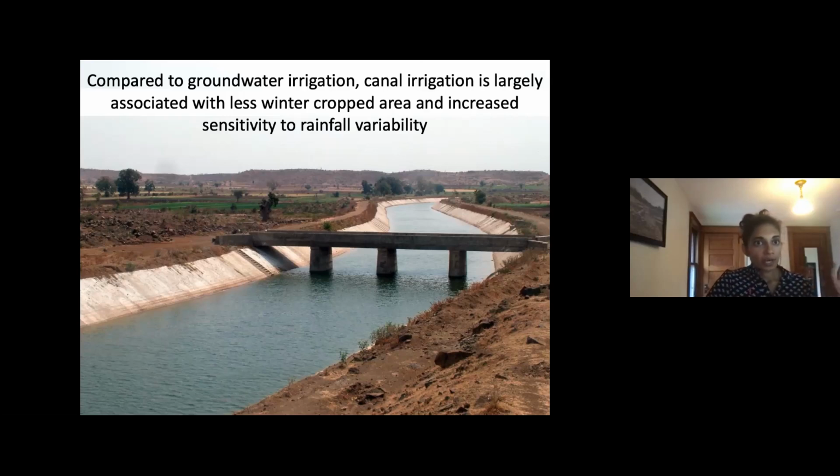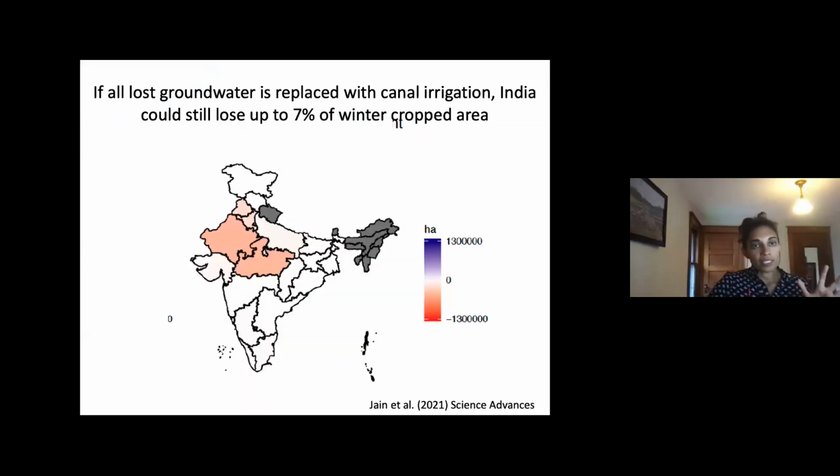So we ran regression analyses. That's how we got these results. I'm not going into the details right now, but we basically took those estimates and then applied them to that first analysis that we did, where we looked at simulated loss if we lost access to all of groundwater. And now what we did was we said, well, hypothetically, if you then replaced all of that lost groundwater with canals, what would that do to production?